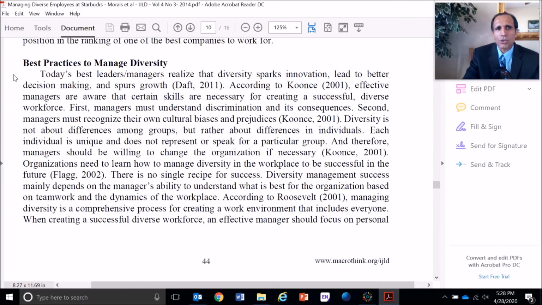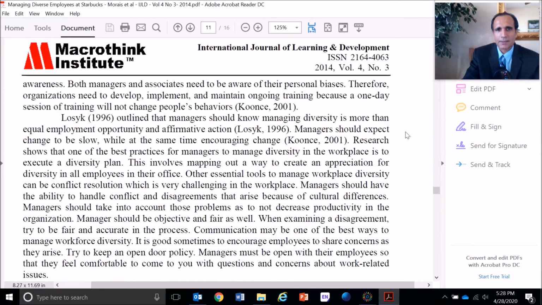The article also gives you another heading entitled Best Practices to Manage Diversity. In other words, what do we learn from Starbucks? What are they doing well, and what can other companies learn and apply in their organizations to benefit?